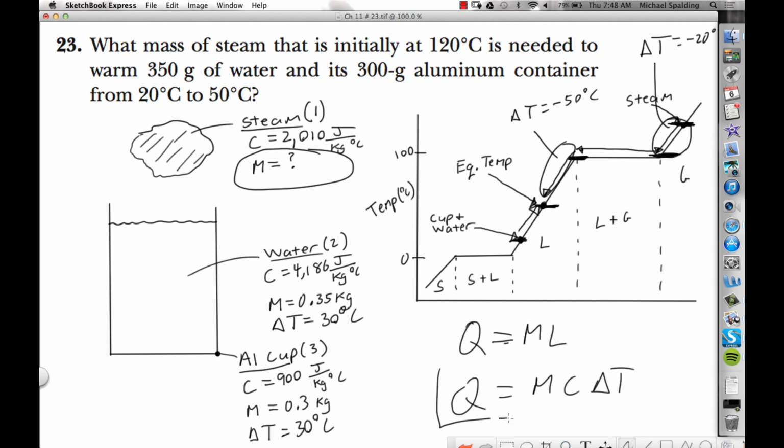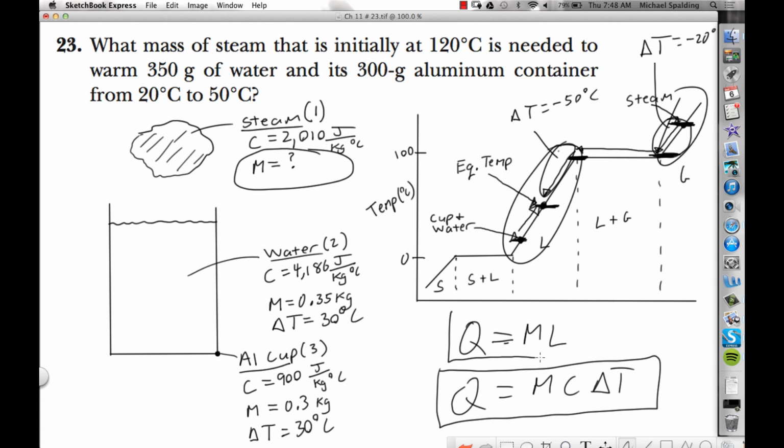When do we use Q equals MC delta T? You use it wherever there's a temperature change. When do you use Q equals ML? That's for phase change. So let me try to clean this up.